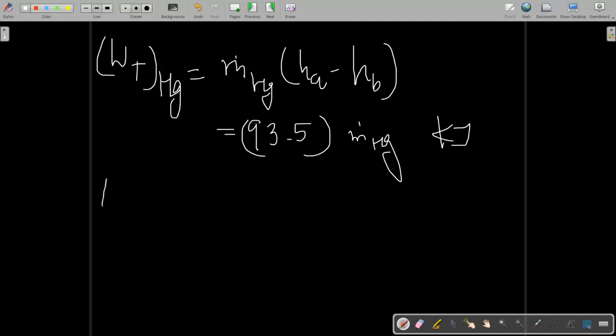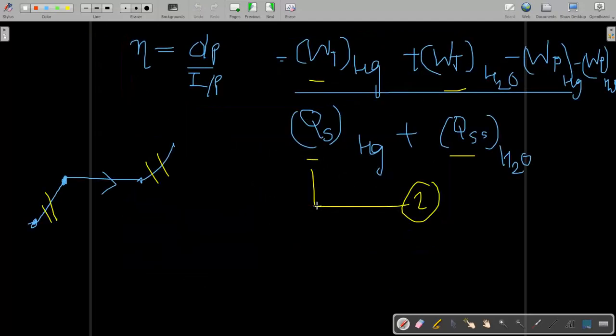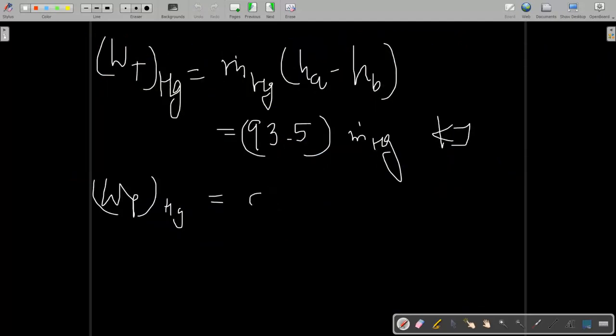Pump work for mercury: we have already found this VDP, that is the pump work. So the pump work is given as 0.07 multiplied by mass flow of mercury.